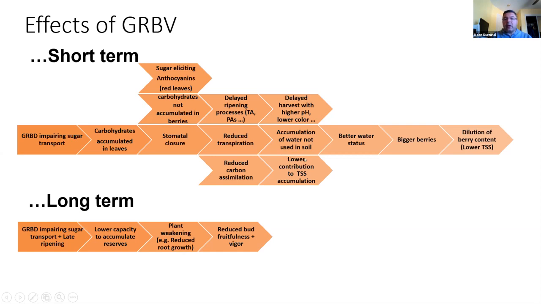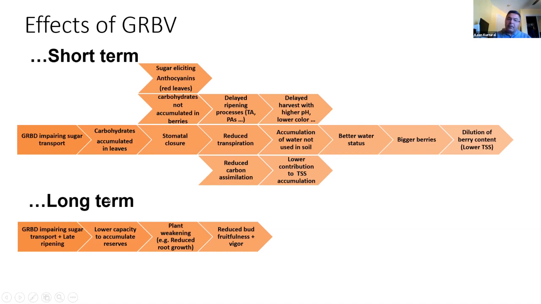So this results in a lower contribution to total soluble solids accumulation, which in turn results in a delayed harvest with higher pH but lower color. In the end, the plant always has a better water status. This is what results in larger berries, and this is what's resulting in a dilution of berry content with lower total soluble solids.